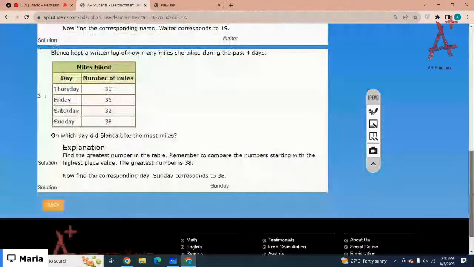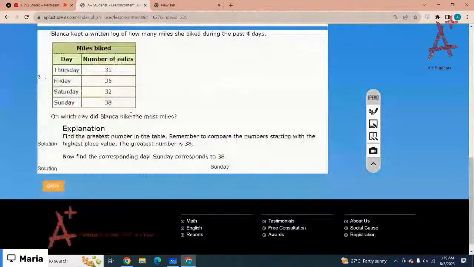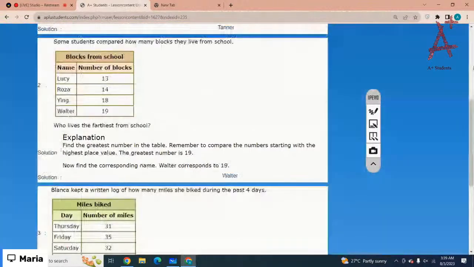The most means you have to select the one that has the largest distance. Got it? So, the greatest one is 38. That means on which day did Blanca bike the most? 38 corresponds to Sunday. That means on Sunday Blanca biked the most, right? Let's just start with the practice questions.